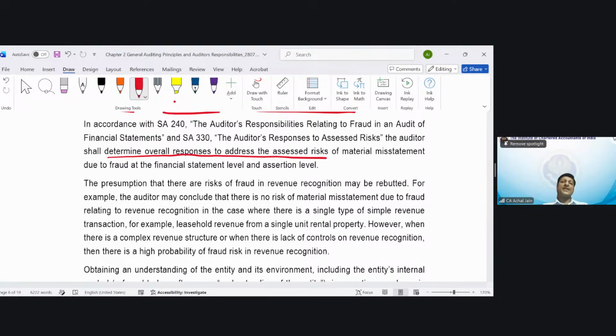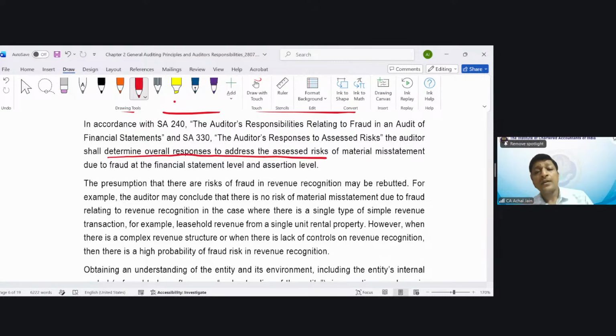Now, in the given case, presumption that there are risks of fraud in the revenue recognition may be rebutted. For example, auditor may conclude there is no risk of material misstatement due to fraud relating to revenue recognition in a case where there is a single type of simple revenue transaction. For example, leasehold income from a single unit rental property.